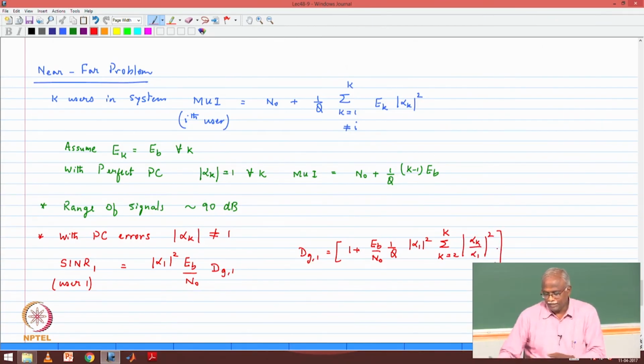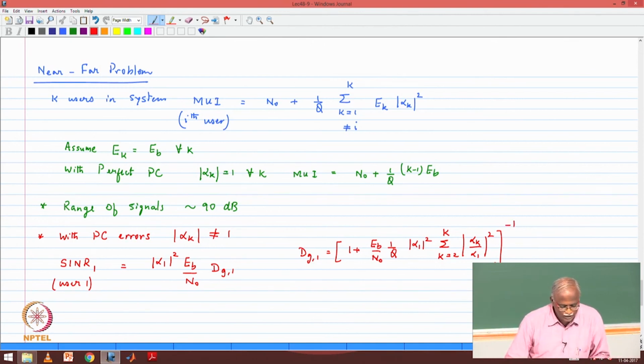So, basically I have rewritten the previous expression with the alpha k's present, so that we can bring in explicitly the expressions for alpha k's. And there is a minus 1, by the way. This is the term in the denominator.